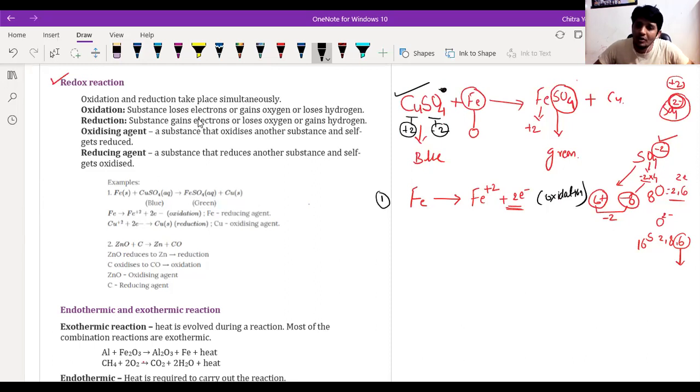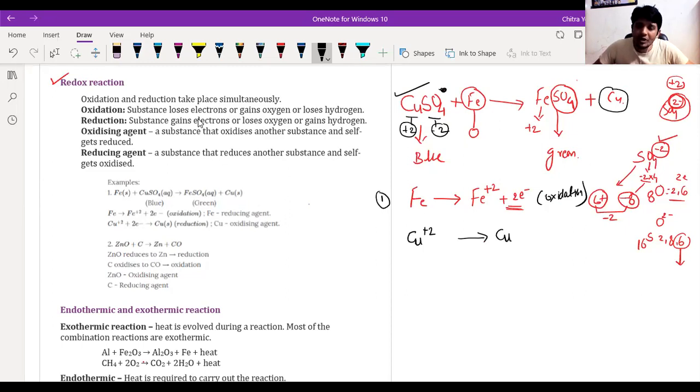On the reactant side copper has a positive 2 charge, so I'm going to write over here copper has a positive 2 charge on the reactant side, but on the product side it gets separated out. That means on the product side it does not have any charge, so I'm going to write copper as it is.